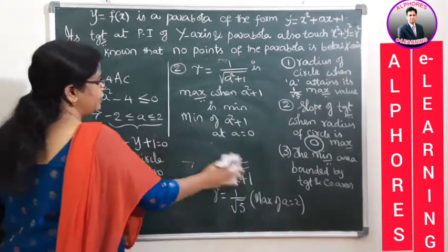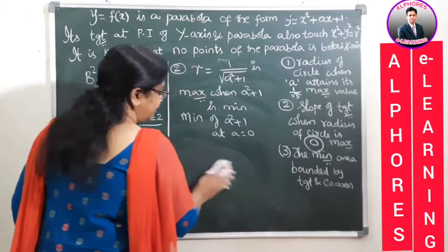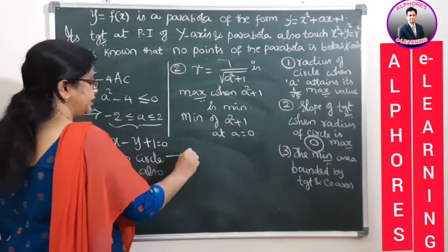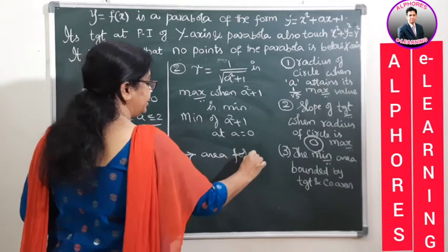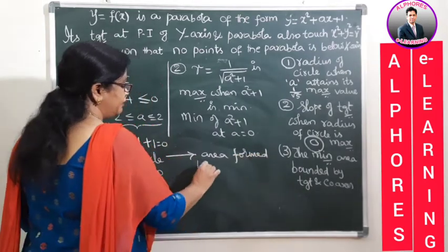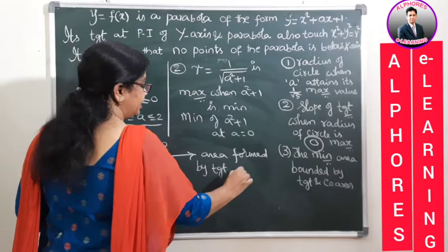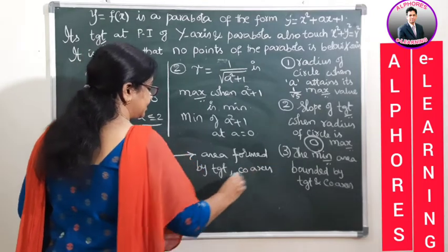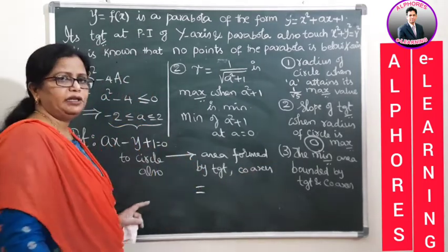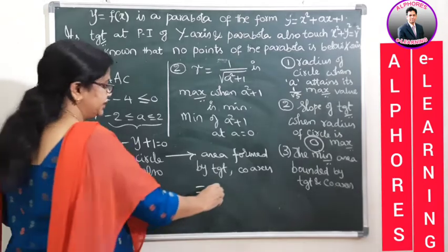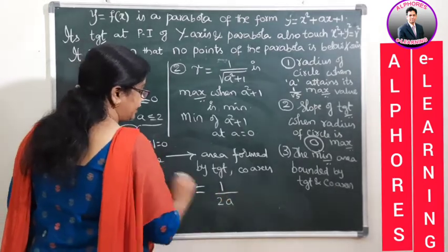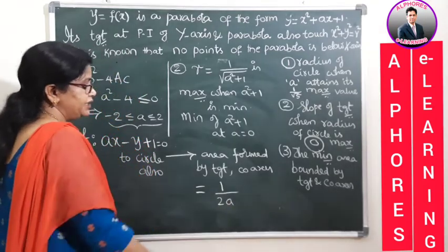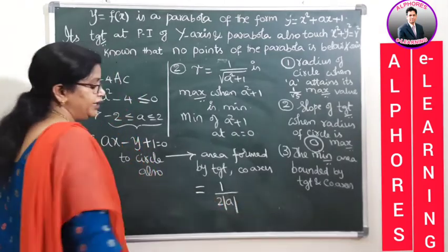Then what is the formula for area formed by tangent with coordinate axis? The formula is c square divided by 2ab. Therefore, this is 1 divided by 2 into a into minus 1. But the modulus symbol is there, so we are writing 2 mod a.